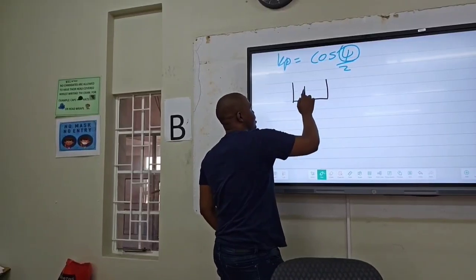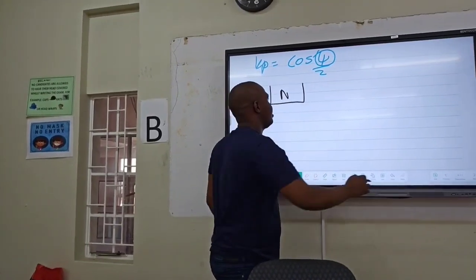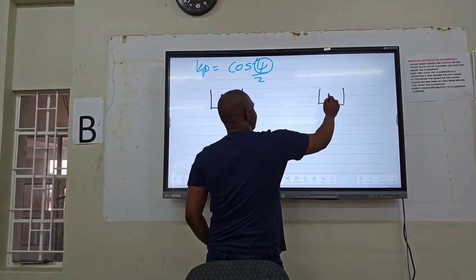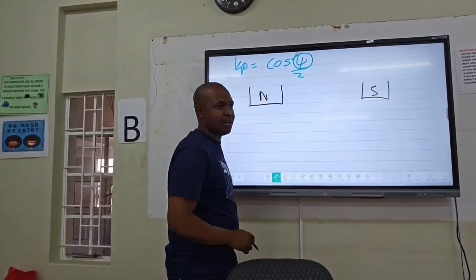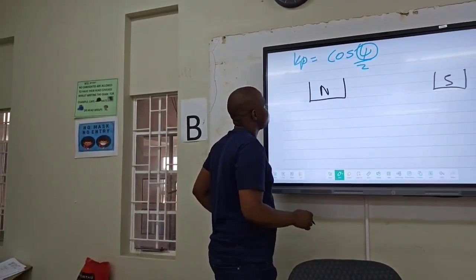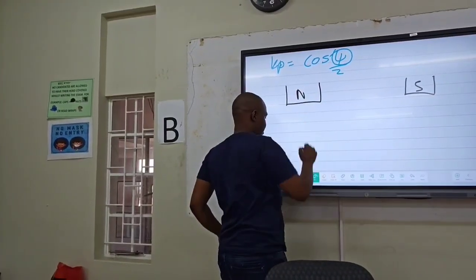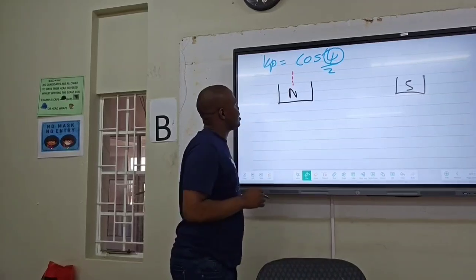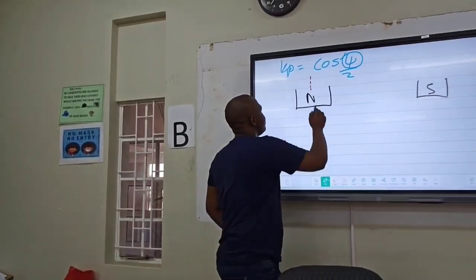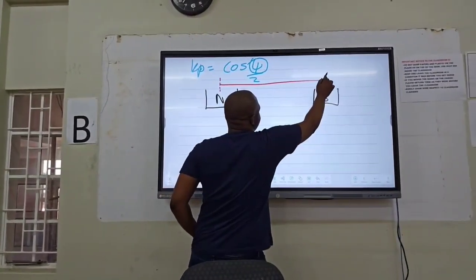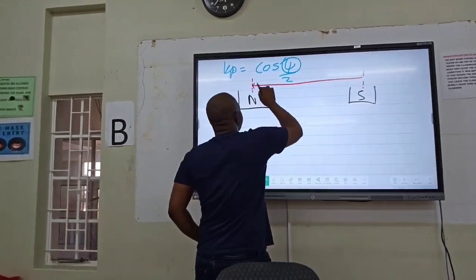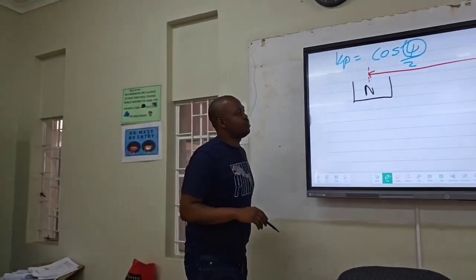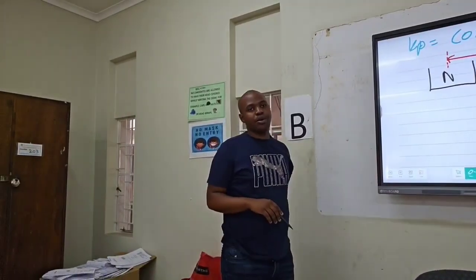We have one pole, then the adjacent pole. We ascertain the angle from the center of one pole to the center of the adjacent pole. You know what I mean?